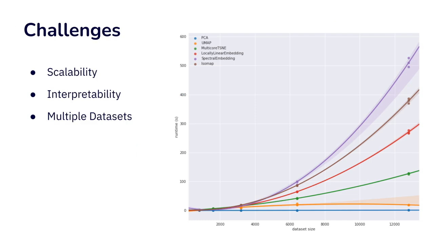This method has its challenges because while linear algebra techniques such as principal component analysis scale very well, methods like spectral embeddings, t-SNE, or even UMAP are not so good at scaling to a bigger number of data points.